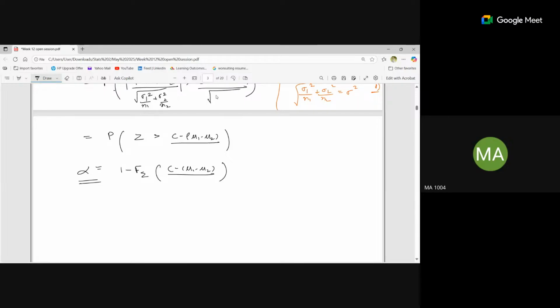So similarly, sigma 1 square divided by n1 plus sigma 2 square divided by n2. So this will be the same. Fine? Yes, ma'am. Thank you.